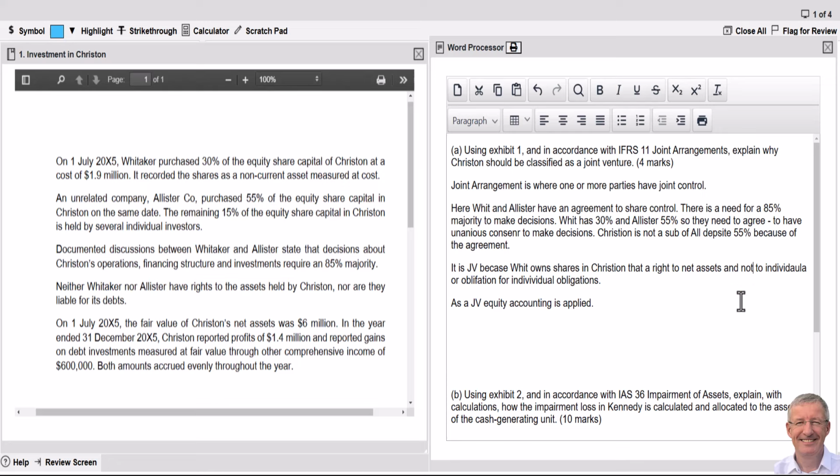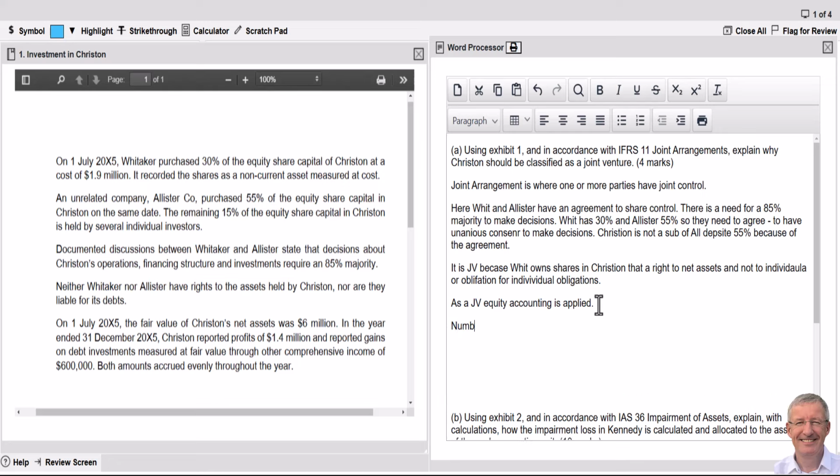I want to get on with the numbers, and I want to address here effectively part D of the question, and I'm going to do my calculations. Halfway through the year, we buy into the company, and in our year end the reported profits are 1.4 million, the reported gains on the debt investments are 600, and both amounts accrue evenly throughout the year.